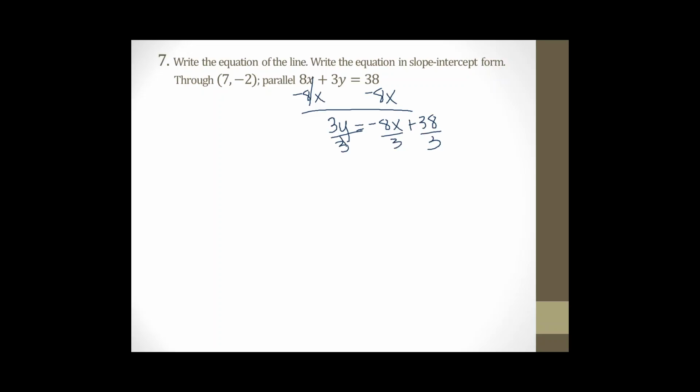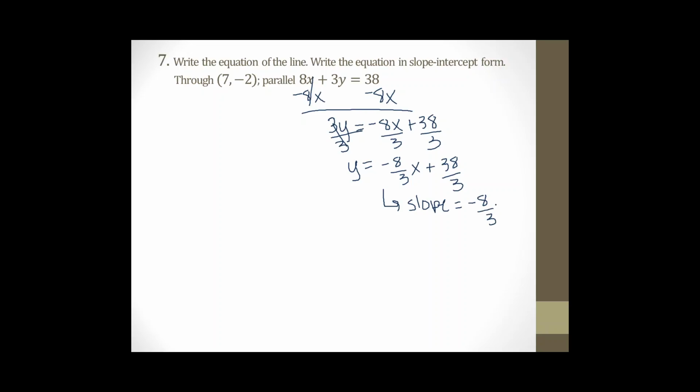So that's going to be y equals negative 8 over 3 x plus 38 over 3. The reason why we did this is so that we can identify the slope of this given equation. So the slope of this equation is negative 8 over 3.